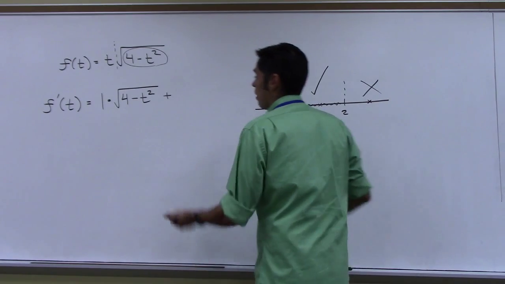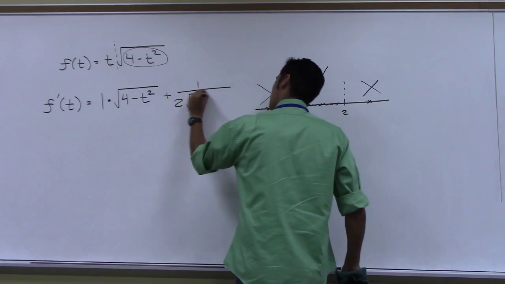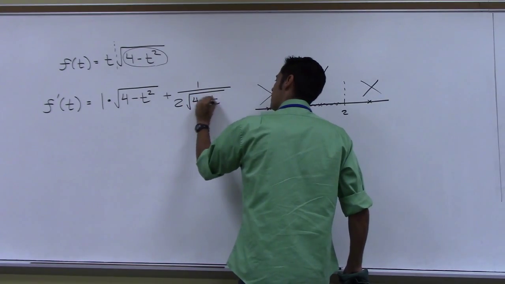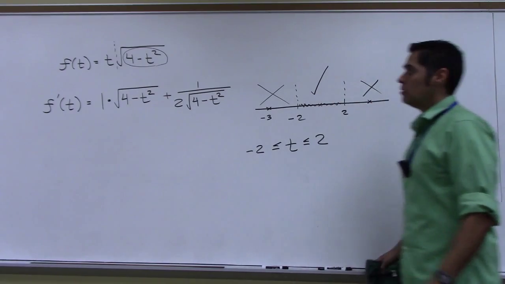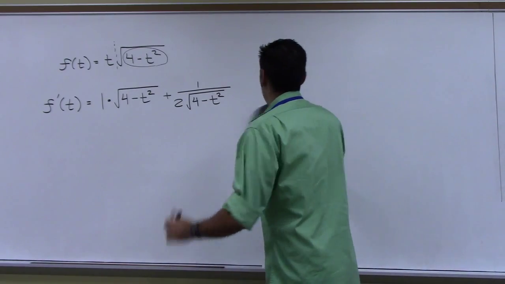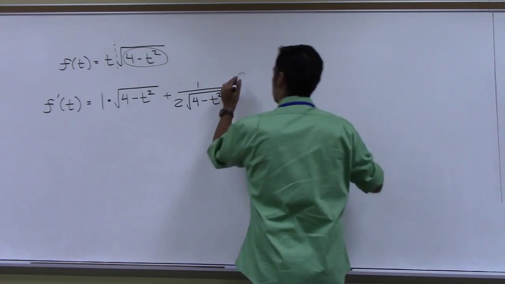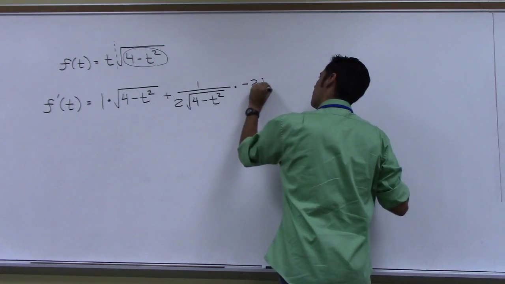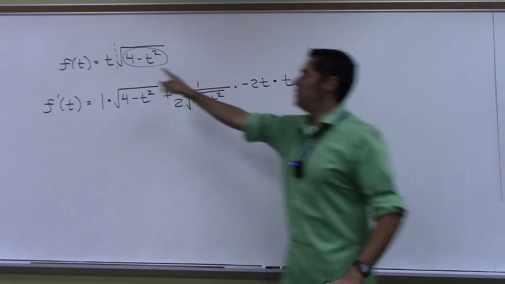So it's square root of something, derivative of that, 1 over 2 root 4 minus t squared, then times the derivative of what's inside, negative 2t. And then times t. Right? That's the t from finishing the product rule.